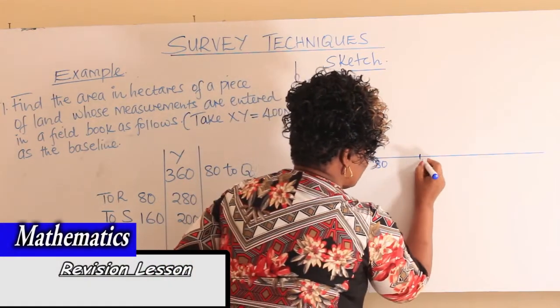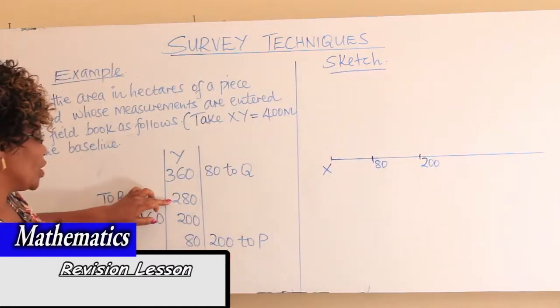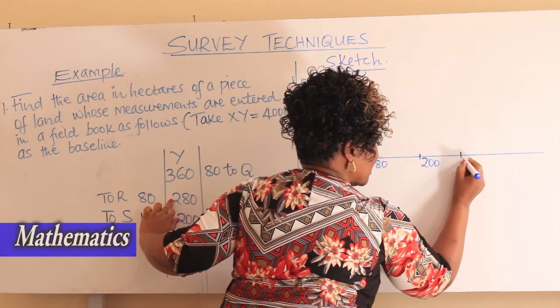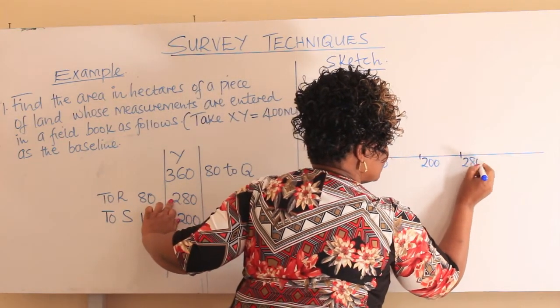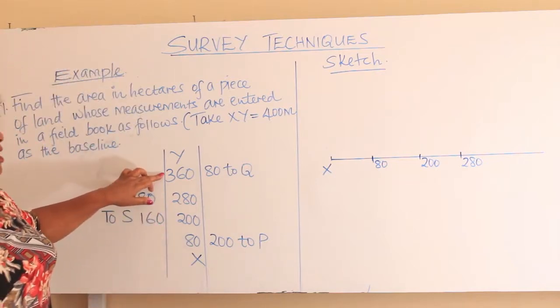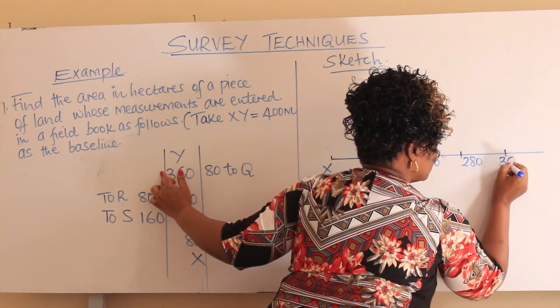We continue to 280, somewhere like there. We go to another point here, 360. We are continuing with our baseline.